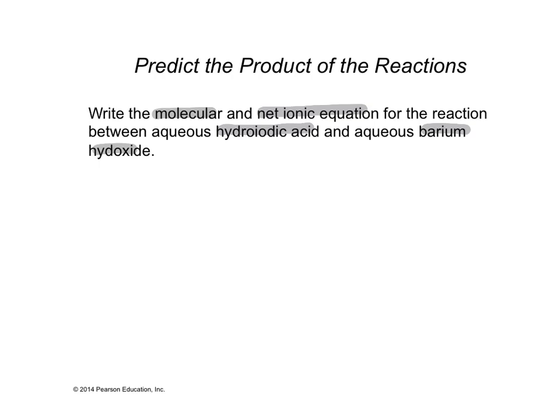Hydroiodic acid is a binary acid. We know that because they use this hydro prefix. Binary means just two things, so it's going to be hydrogen and one other element. That other element, iod- as the base, so we know it's iodine. So this is hydroiodic acid. Again, it's aqueous, so we'll go ahead and write aq. And then the other thing is barium hydroxide. Hydroxide is always this polyatomic ion OH-.